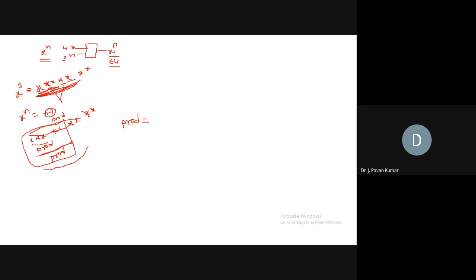Just to assume the product contains the x square value. How are we updating this product value? This is the product, new product is equal to x into x.